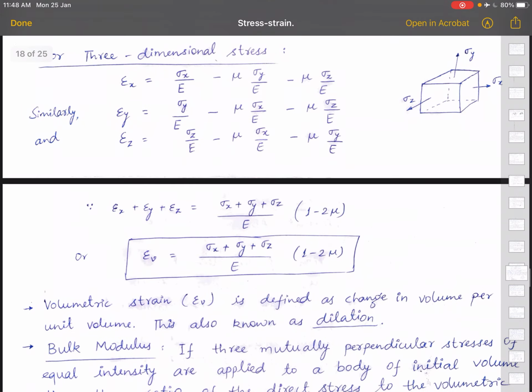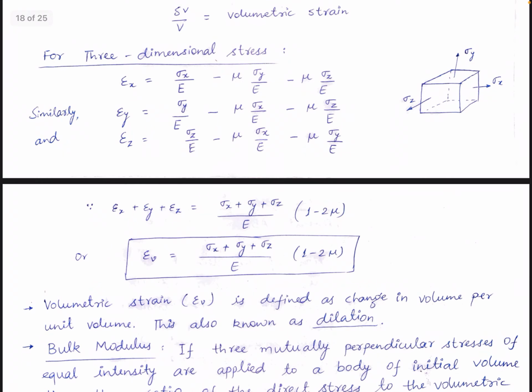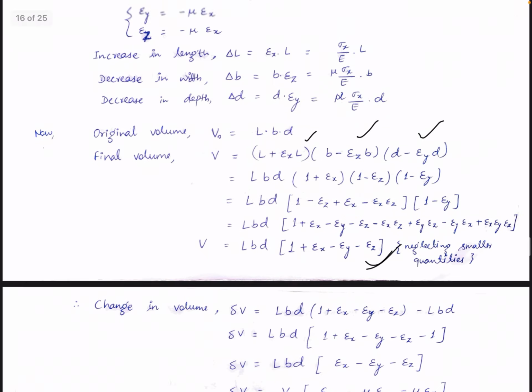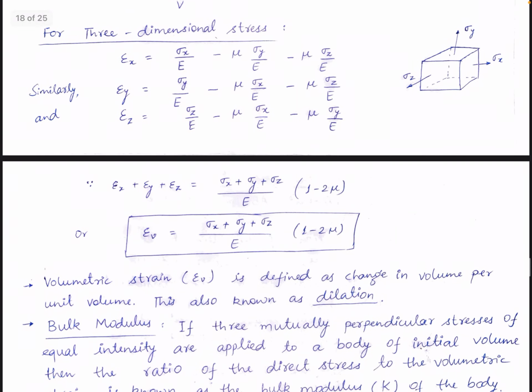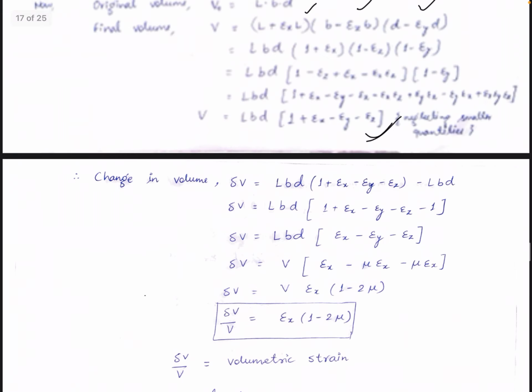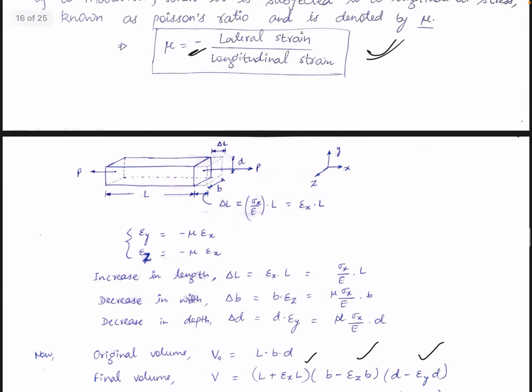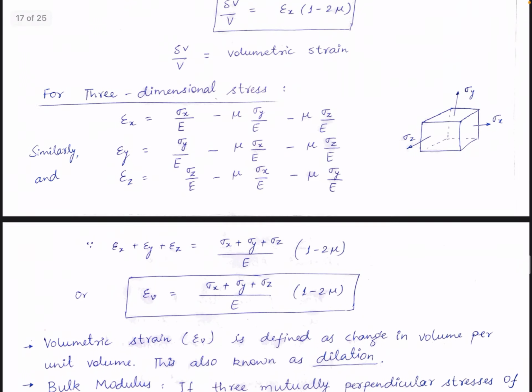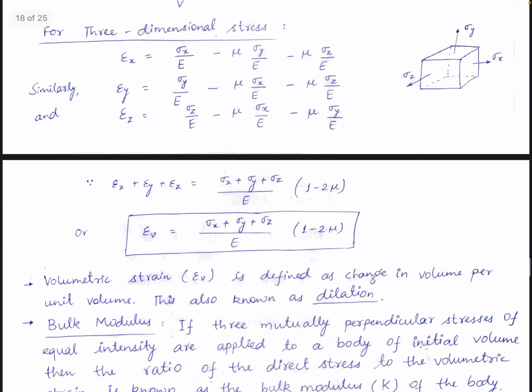Now that was for the 3 dimensional case, but for a multi-dimensional stress, what is going to happen? Until now only one force was there, but now all the dimensions are having stresses like sigma x, sigma y, and sigma z. So how are we going to deal with that?